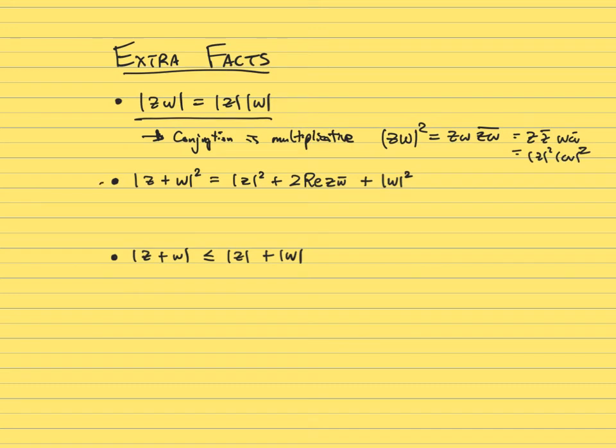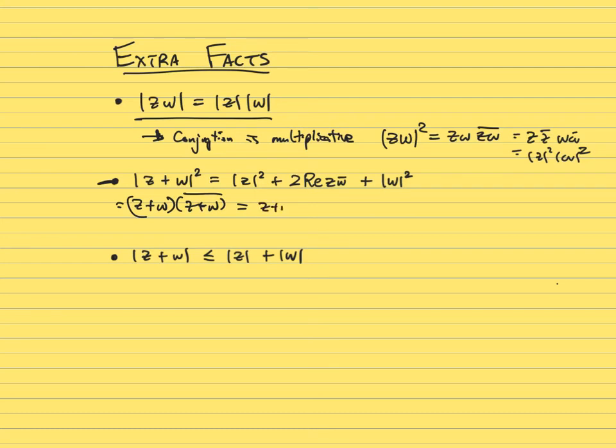And the next fact is similar. You can expand things like |z plus w| squared simply because this is equal to z plus w times the conjugate of z plus w. One thing I didn't point out earlier is that conjugation also distributes with respect to addition.